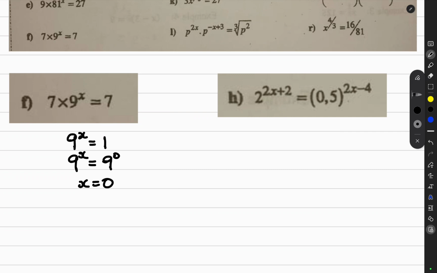On the left you can't do anything, but on the right you can change this half. You can write it nicely.